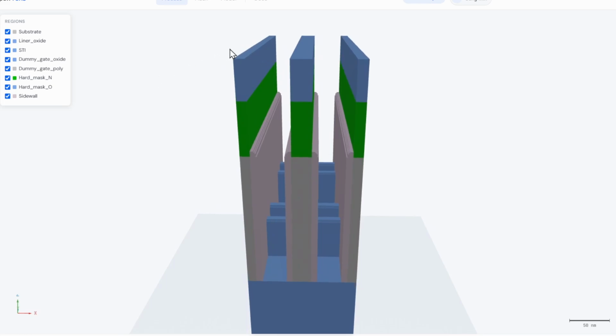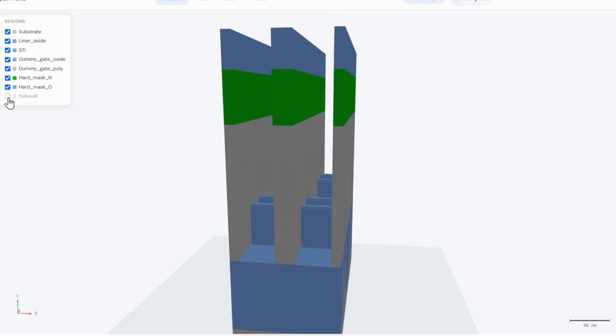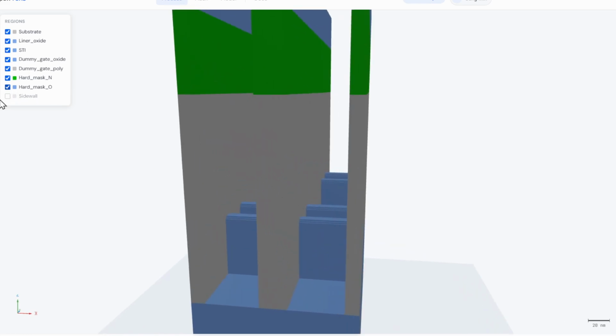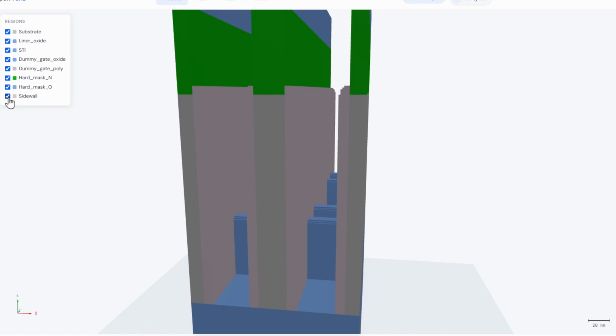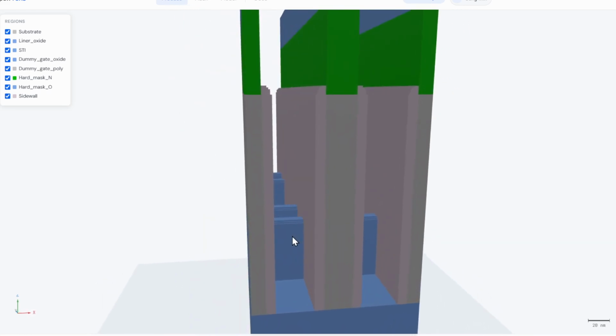So previously there was a certain sidewall, but that sidewall is now completely removed in this hard mask part. But still, we have sidewall remaining here. So our dummy gate is still separated by the sidewall. And still, yes, the isolation is good.